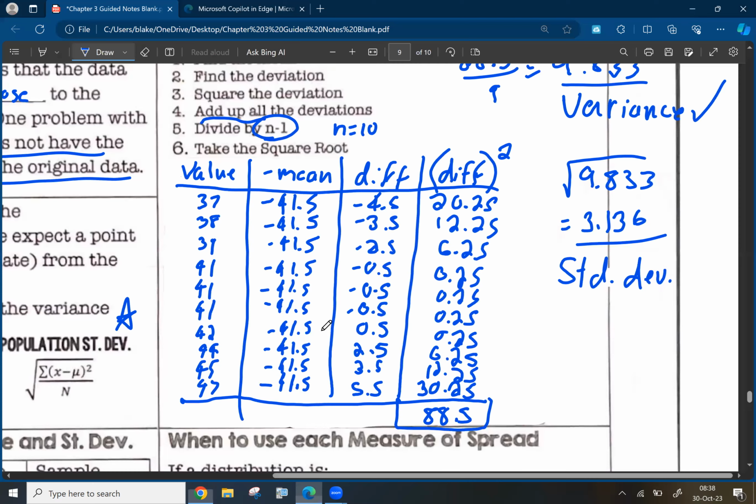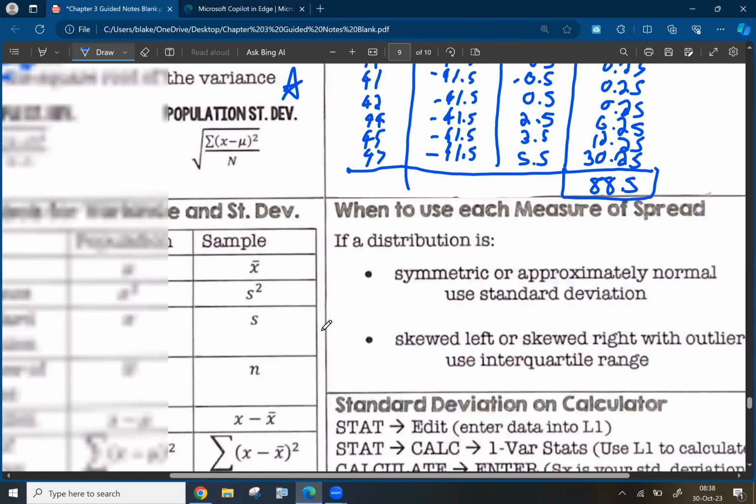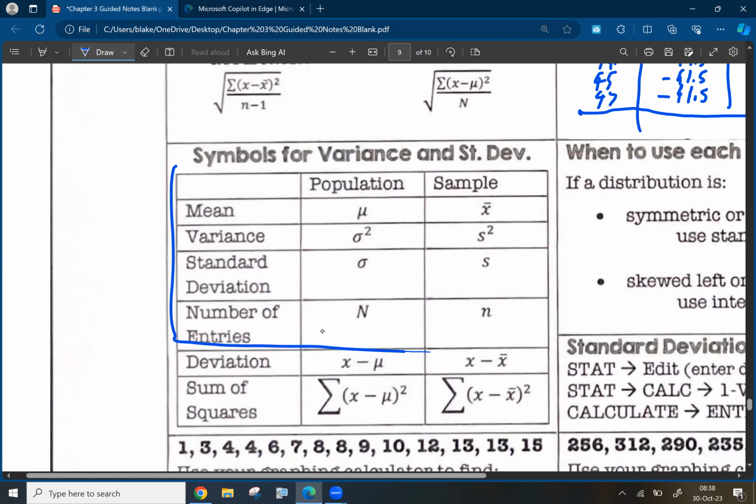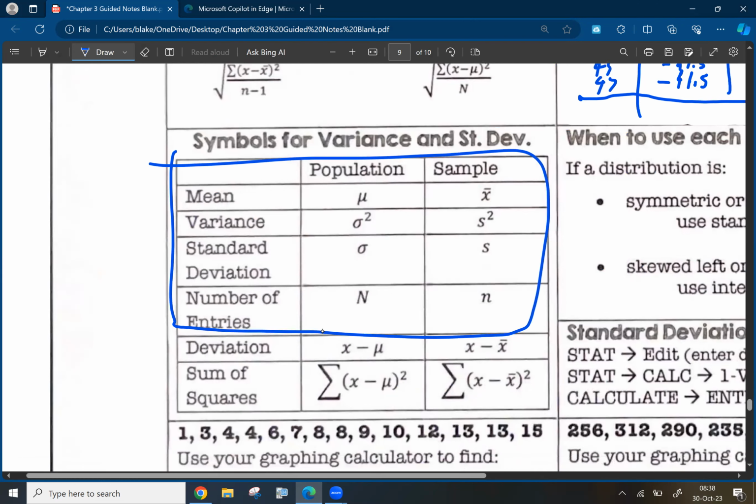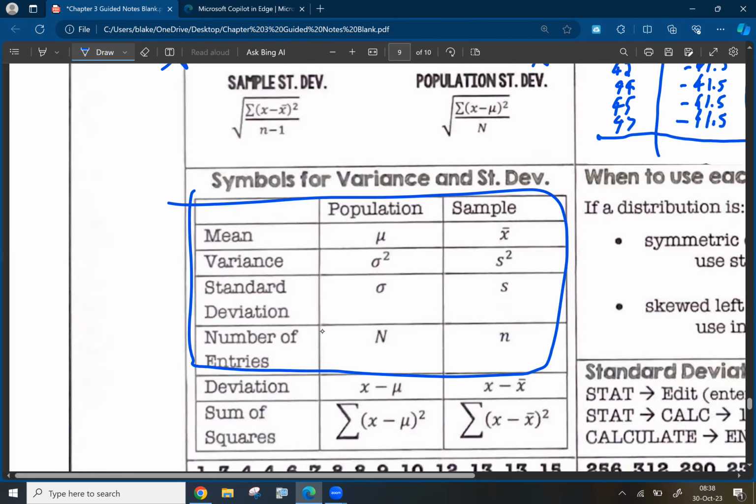All right. A couple important points. You do want to know these symbols and what they mean. For a quick example, let's say I took a sample of 50 students from the school and found out what their average height was. And say my average height for my sample of 50 students was 68 inches. I'd use this symbol because it's from a sample mean, a sample average.